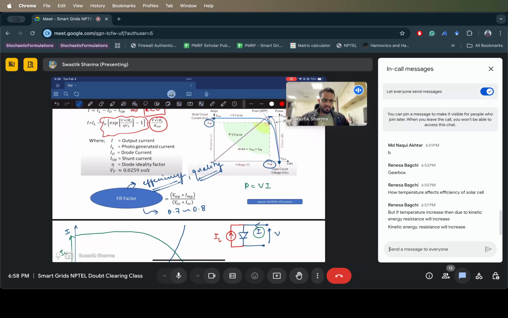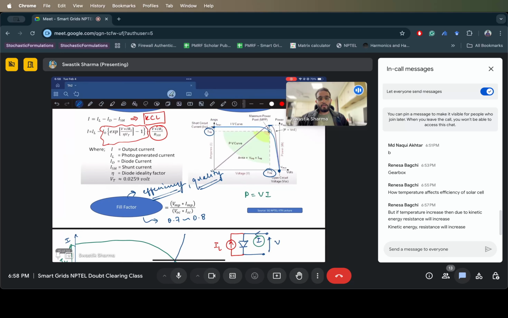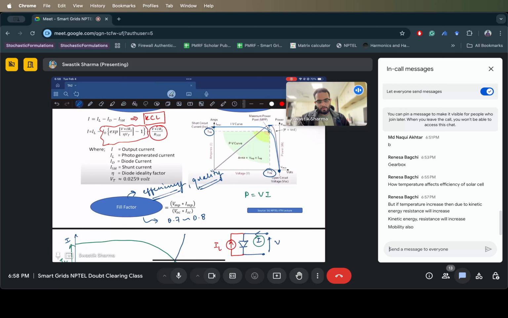Oh, so you're talking about the energy which is there between the barrier when they have to jump. Mobility also. So you're saying kinetic energy, because they're vibrating, they will feel more resistance when they're jumping, so the drift current will be less. That's what your point is?